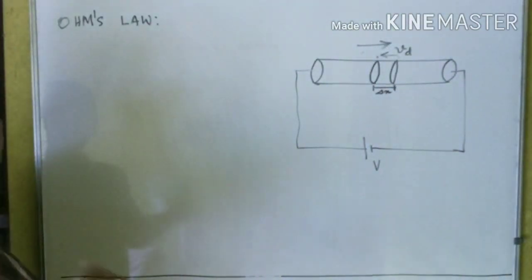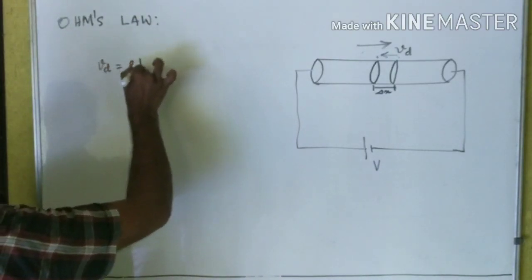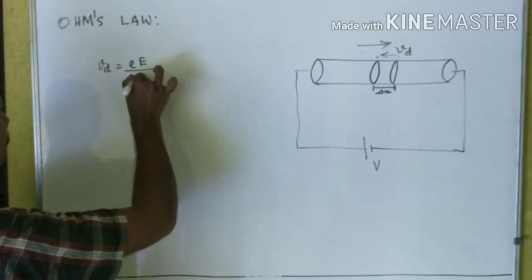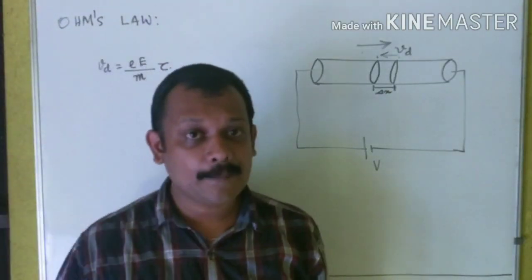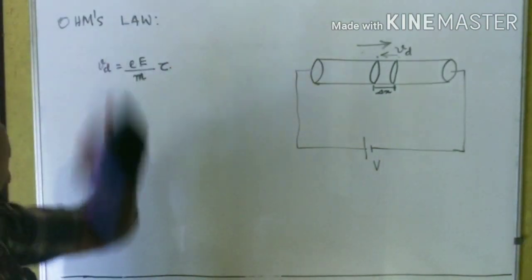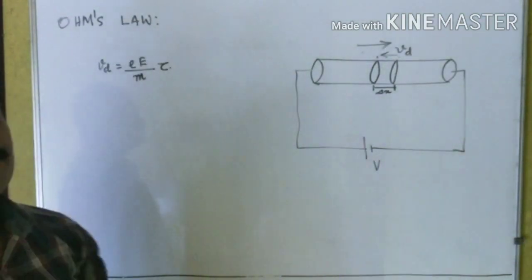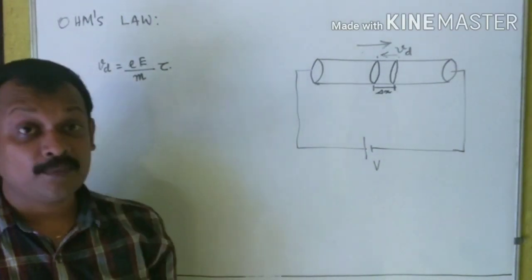Last day we studied about drift speed. Vd is equal to e E by m into tau, where e is the magnitude of electric charge, E is the external electric field, m is the mass of the electron, and tau is the relaxation time.